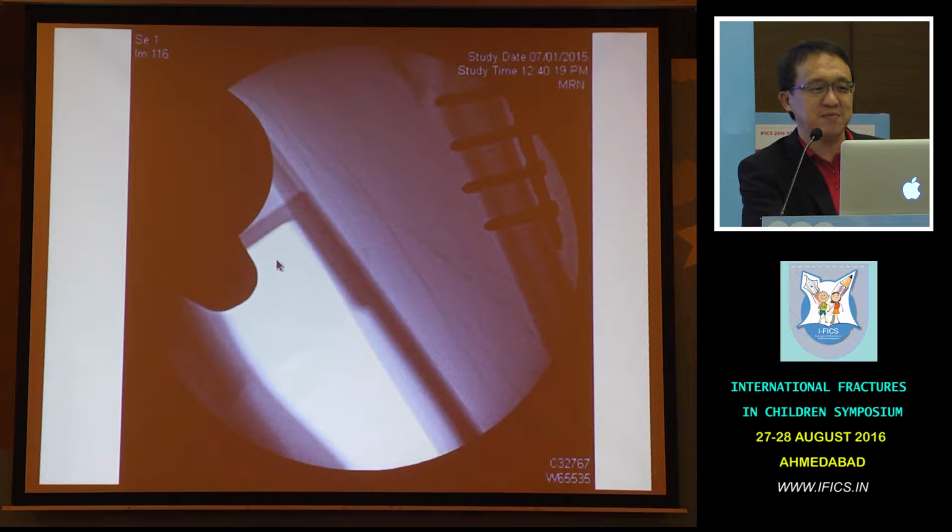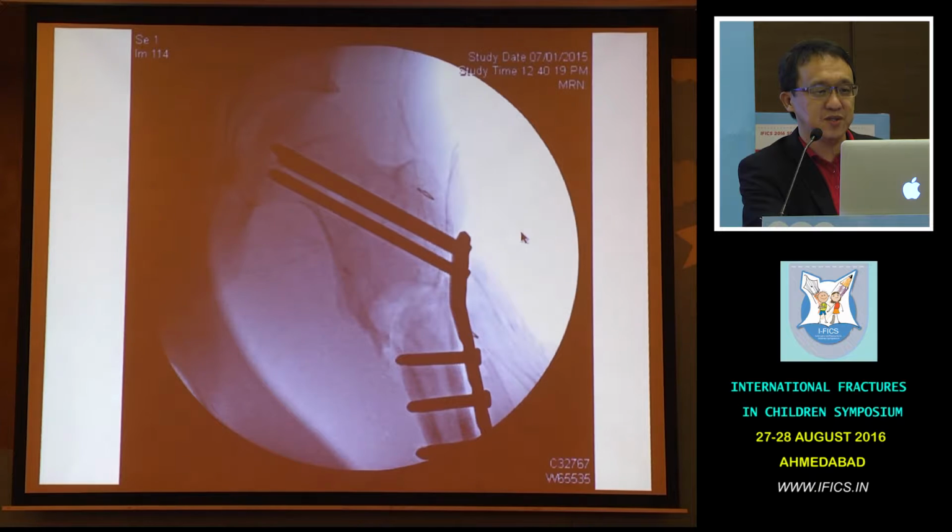And this is the part I emphasized a lot this morning. Make sure your plate distally must be bicortical, and don't make any mistake, because the biggest boo-boo is you fix proximally nicely here and you create a fracture distally. That's not good. Okay, so that was the end product.